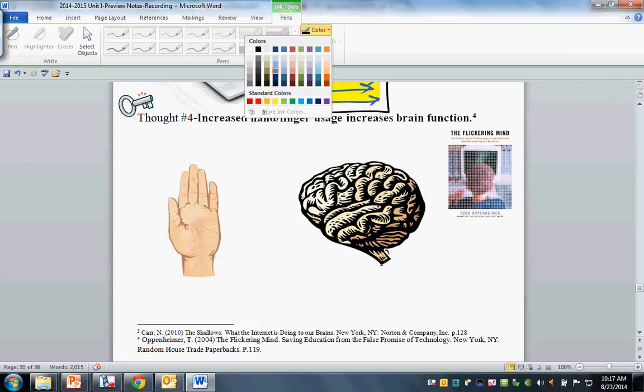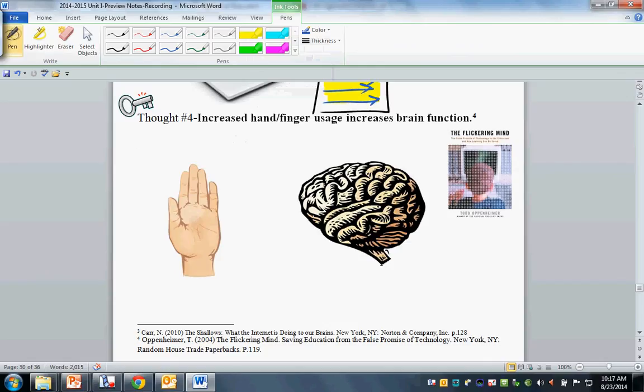Finally, there's a contrast. Increasing hand-finger usage increases brain function, connects neurons.